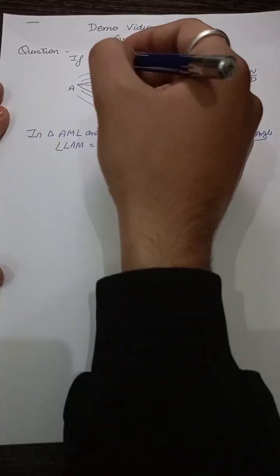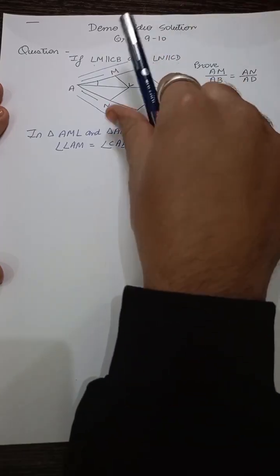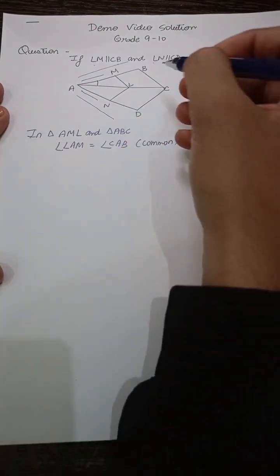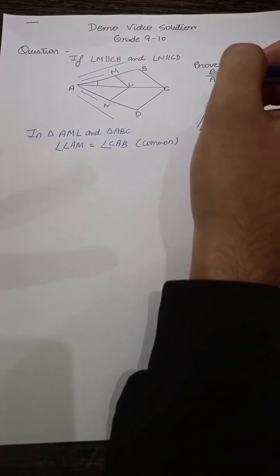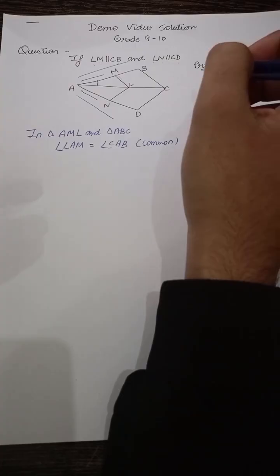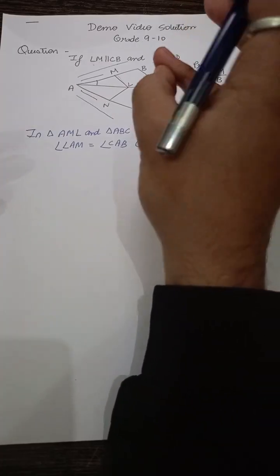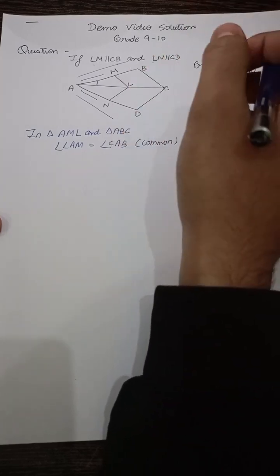We're using the given condition right now. We have LM parallel to CB, or BC. If these two lines are parallel, we should remember that there are three types of angles created: the first is corresponding, the second is alternate, and the third is co-interior.